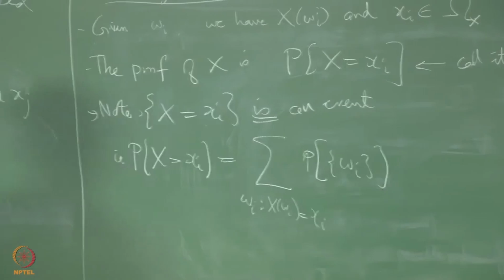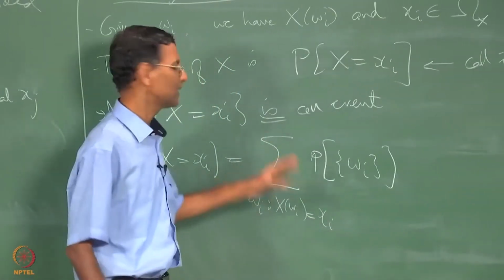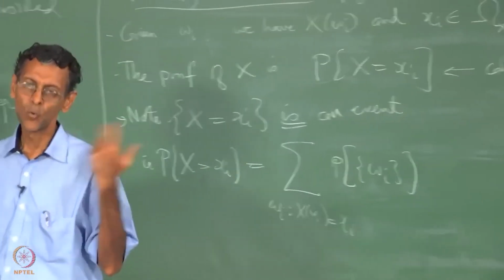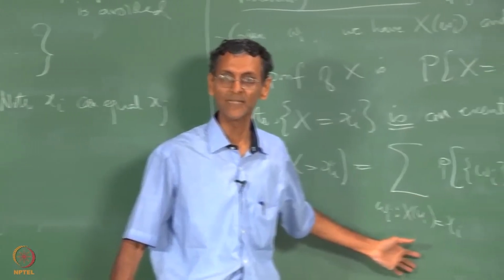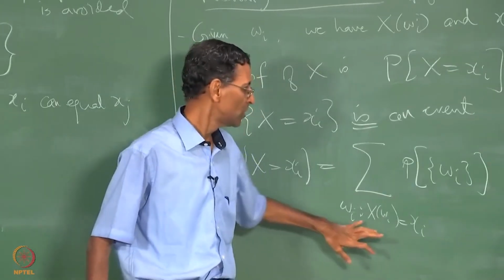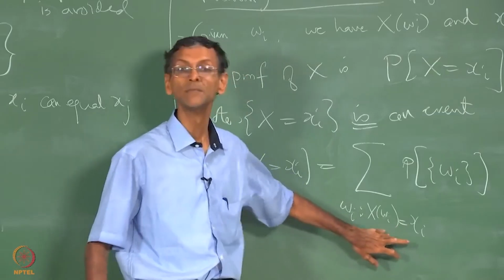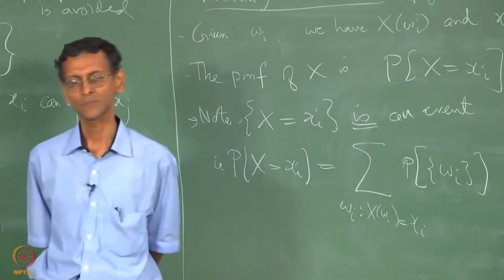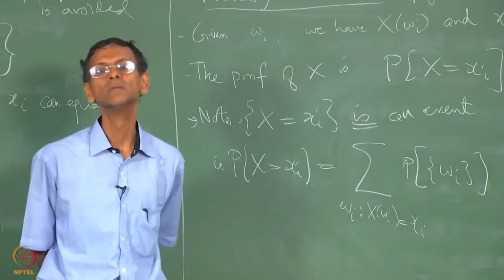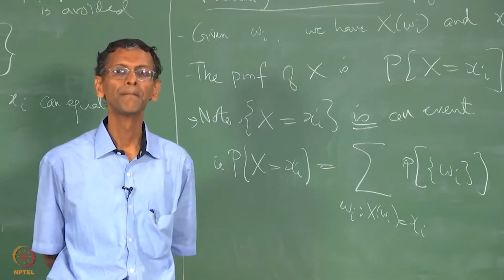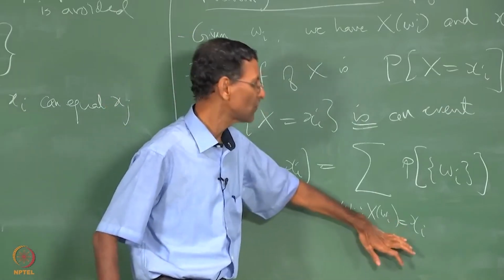So everything here, all the xi's now, are numbers. Earlier we had more abstract events, we wrote some such thing like this, except here now instead of calling this some event A, we are explicitly writing the event like this, x equal to xi. Otherwise there is no difference between this and any other event that we saw earlier. So here we are looking at those points omega i such that x of omega i is xi.